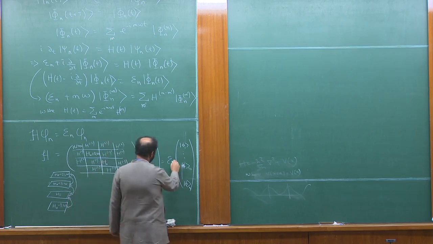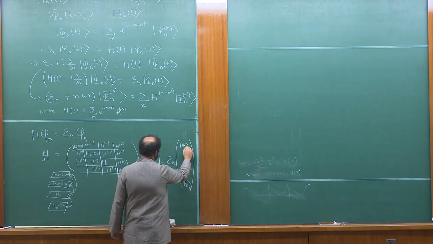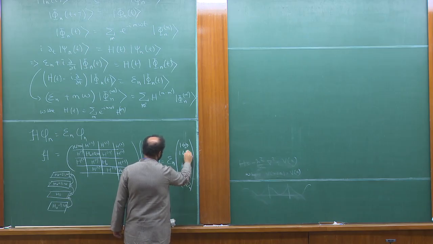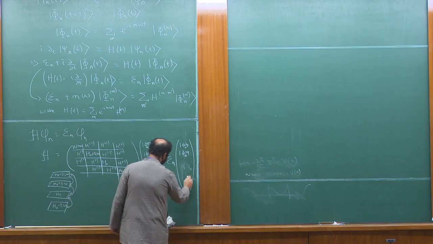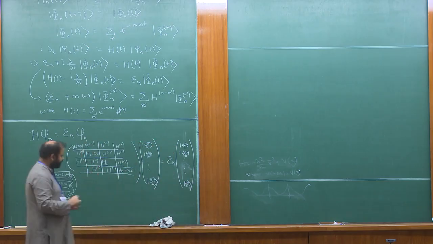Let me call this L, which is E n, phi n1, phi n2, phi nL. Yes, that's right.